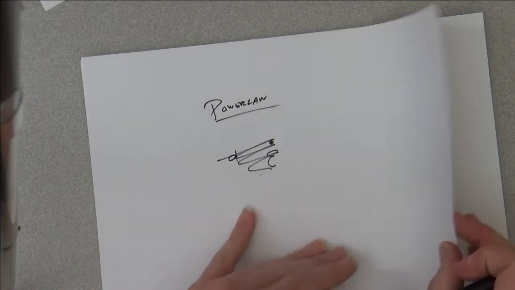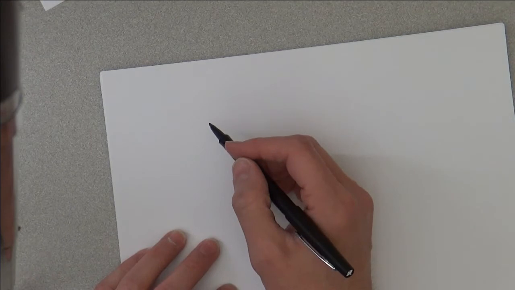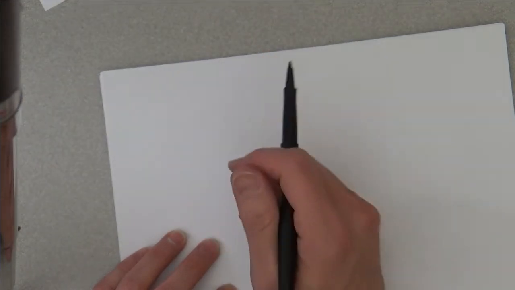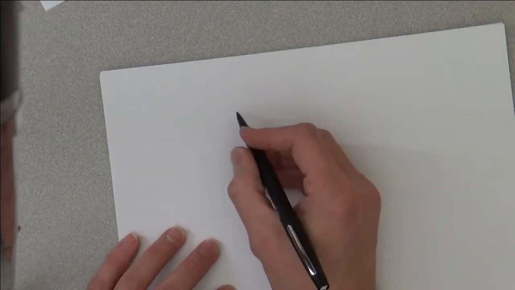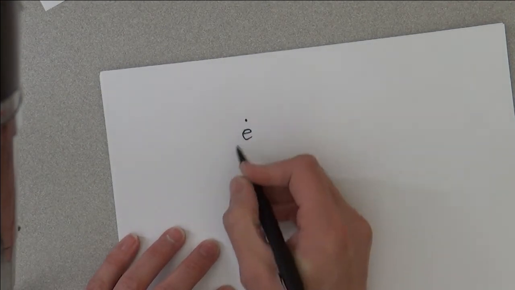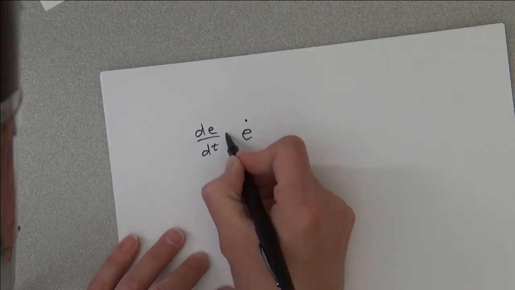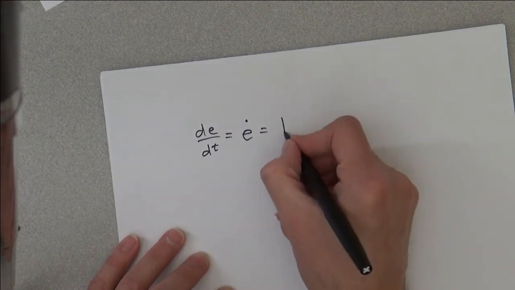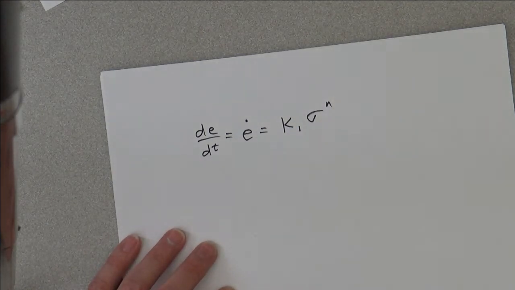Sorry, we're using E's in this class. I mentioned earlier, when I've taught 413, we've always used epsilon, to represent strain. So E dot, which is dE by dt, is equal to K1 sigma to the n.